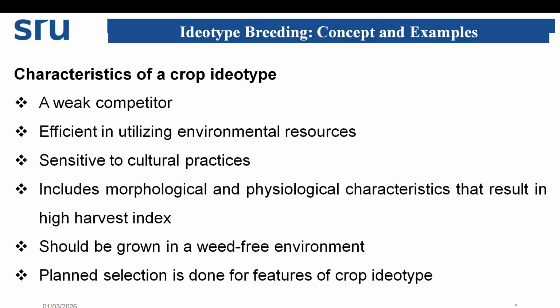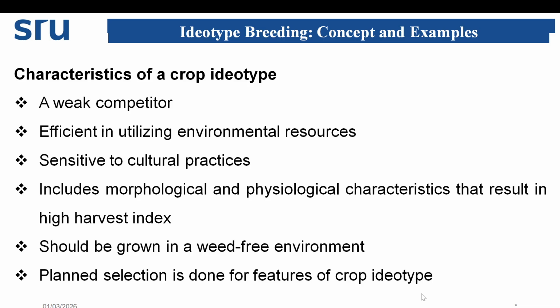These are some characteristics of a crop ideotype: a weak competitor, efficient in utilizing the environmental resources, sensitive to cultural practices. It should not only yield, but should include the morphological and physiological characteristics. Ultimately, it will lead to a high harvest index.